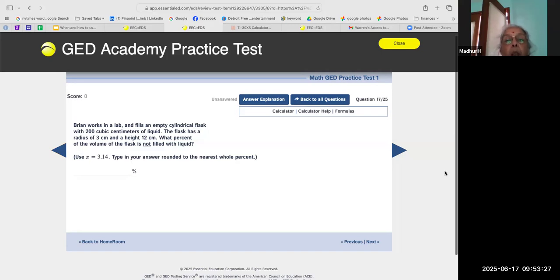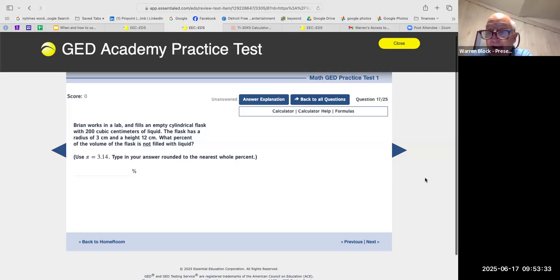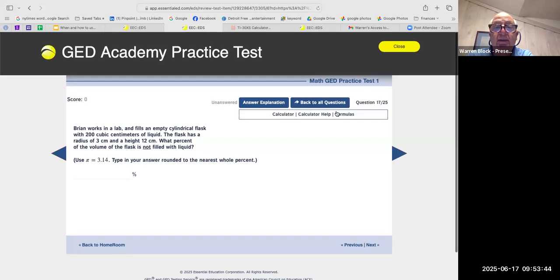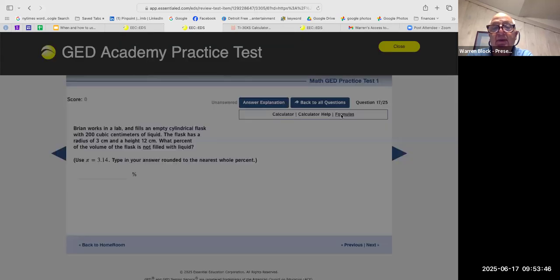Radius times height. What? The volume should be height times pi r squared. Correct. But we look for the formula.